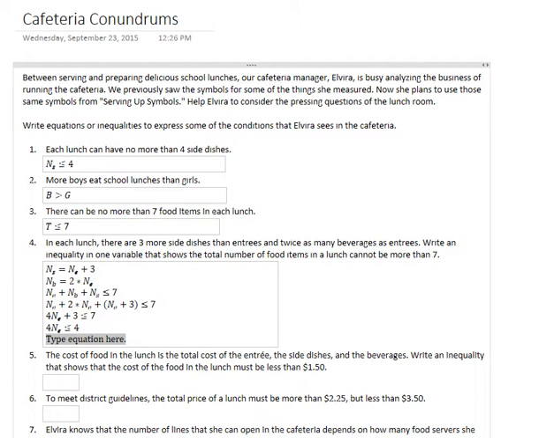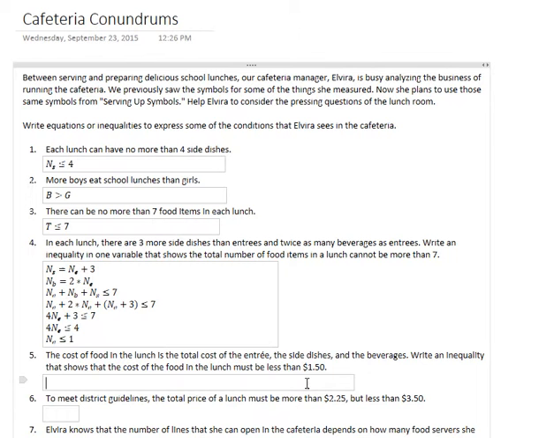Divide both sides by 4, I get NE is less than or equal to 1. This tells us something. This says that the number of entrees in a lunch has to be less than or equal to 1. Thinking about it, we can't really have half an entree. That's weird. You either have an entree or you don't. So we can have no entrees in a lunch, but we can also have 1 entree in a lunch. Any more than that, and it goes over our guidelines. That's pretty darn cool.